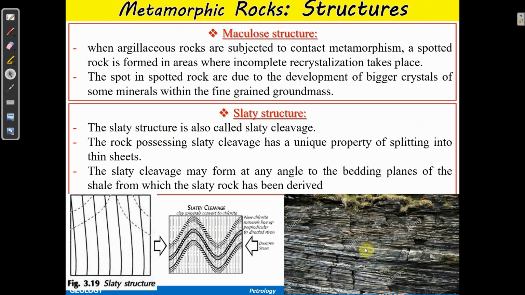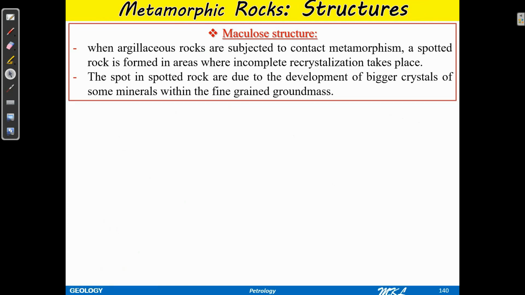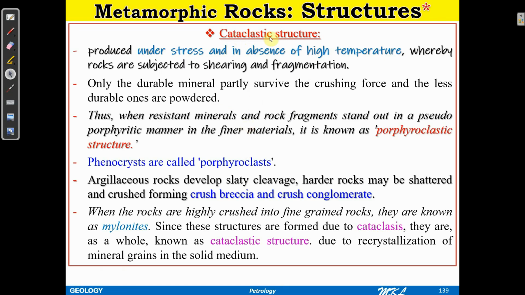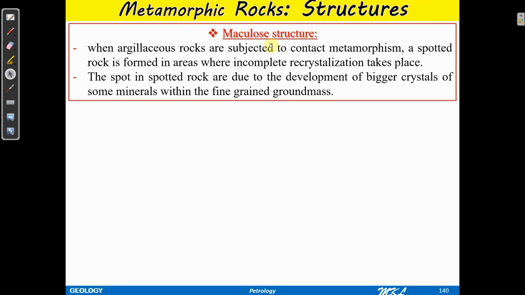This structure is one of the parts of the different metamorphisms. I am talking about the structures. First is the cataclastic structure. Second is the macular structure. When you read the structures, you have to understand how they look.